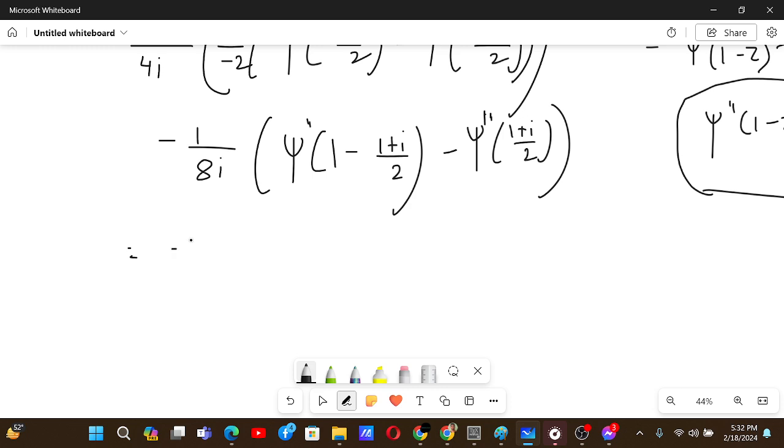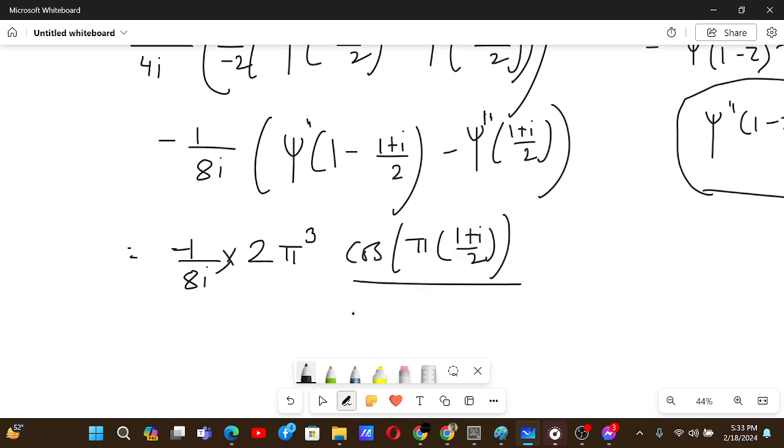So we have minus 1 by 8i, and then we have 2 pi cube cos pi times (1 plus i) by 2 by sine cube pi times (1 plus i) by 2.